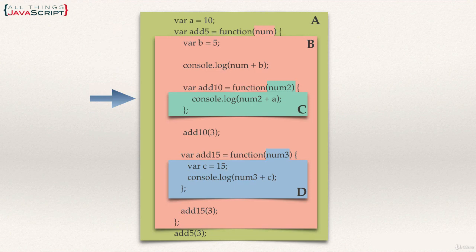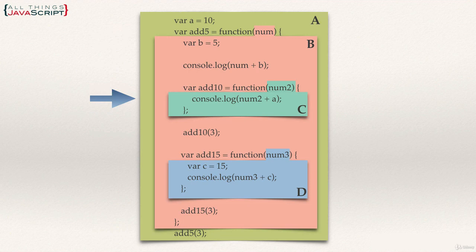This is the scope chain that we talked about. The next most outer scope is B. It looks for the variable A within scope B. It cannot find it, so it goes further up the scope chain. It goes to the next most outer scope, which is scope A, and scope A happens to be the global scope.